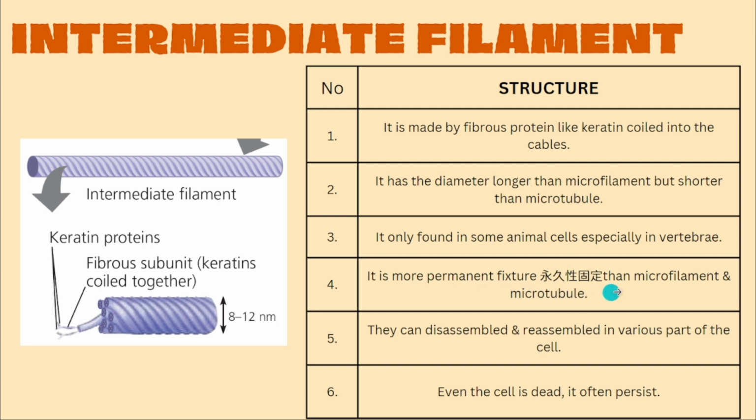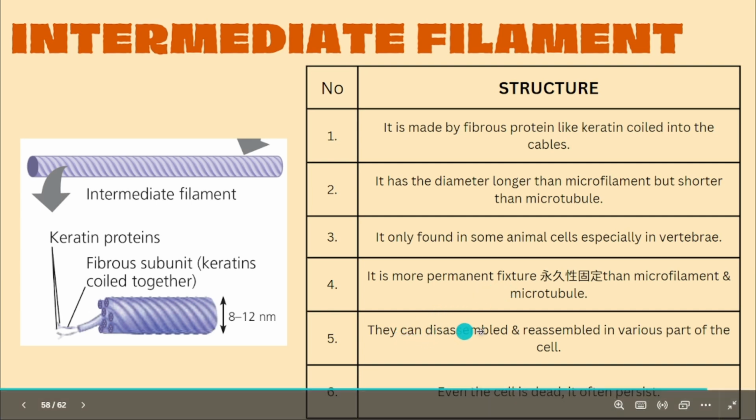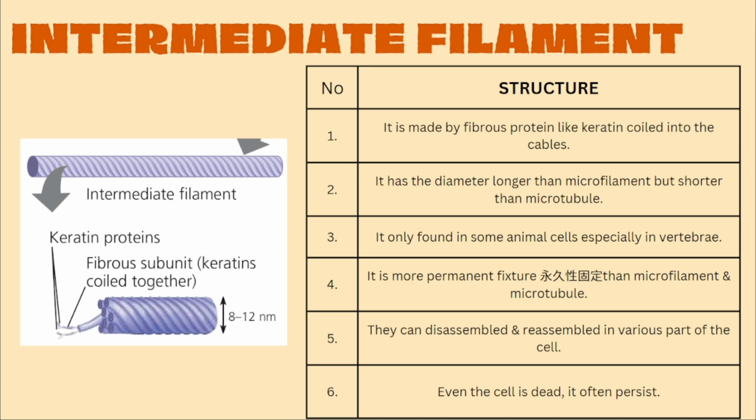Compared to microfilament and microtubule, they do not provide long support. They only provide support when necessary. But this one can normally provide very long support. And they can be disassembled and reassembled in various parts of the cell. Even when the cell dies, it often persists. So this is one of the characteristics.